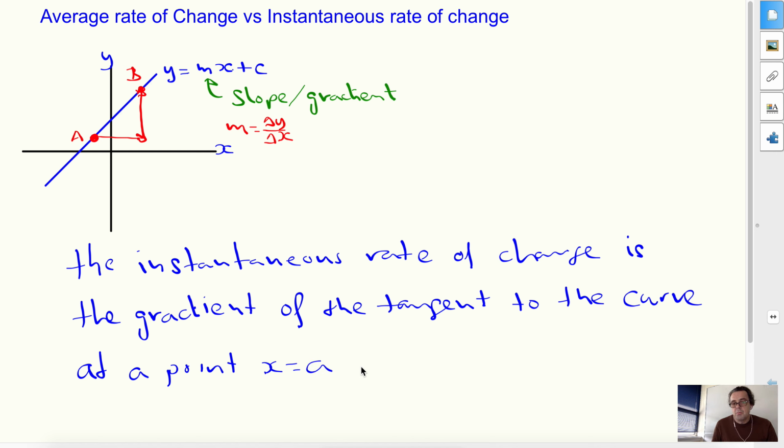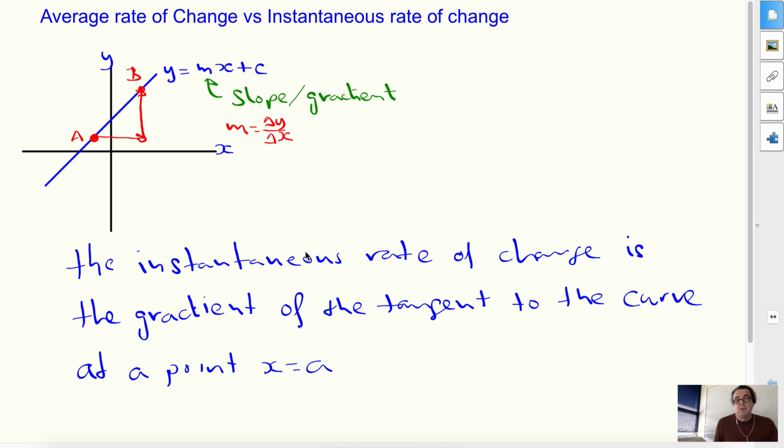So a certain point on the curve, there you draw the tangent, and then you find the gradient of the tangent. Now obviously we're going to do that in an algebraic way and not with a picture.